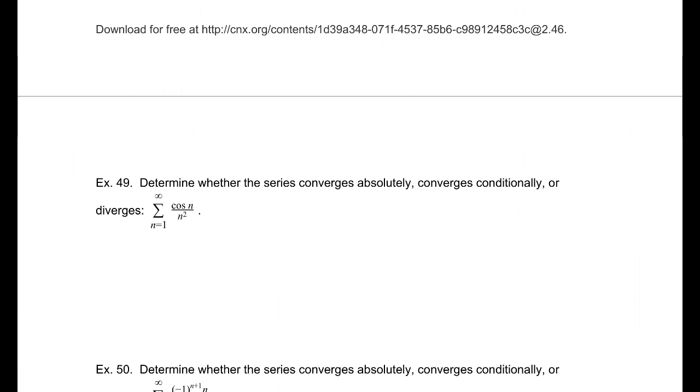The sum from n equals 1 to infinity of the absolute value of cosine n over n squared. Well, this is less than or equal to the sum from 1 to infinity of 1 over n squared. This converges.